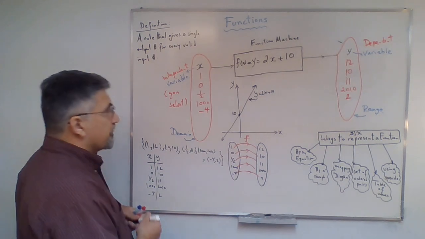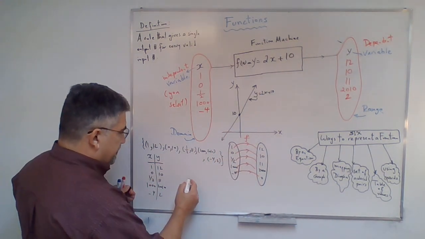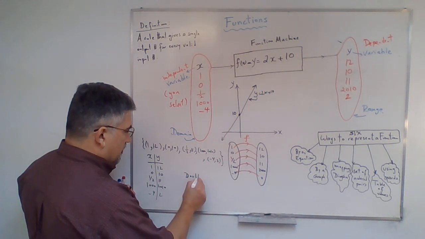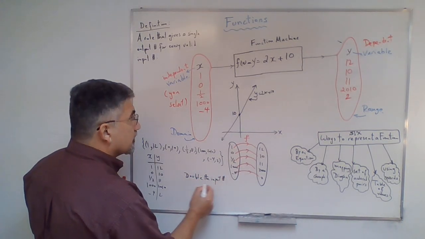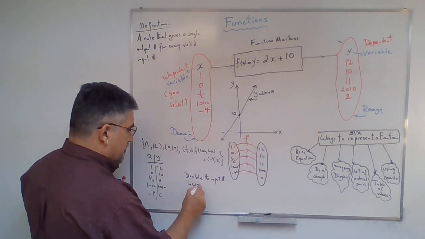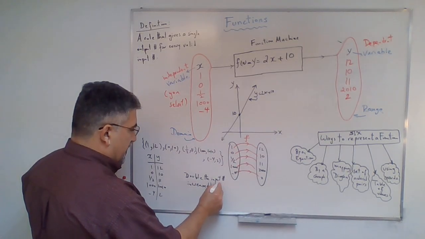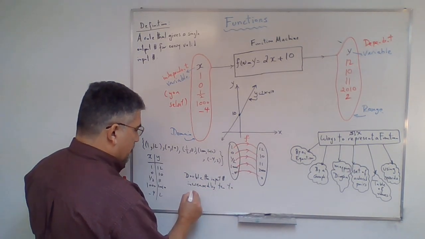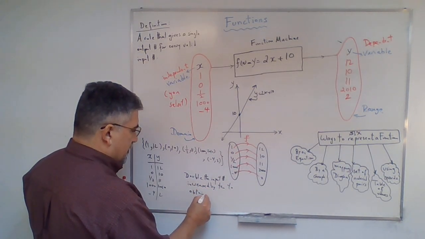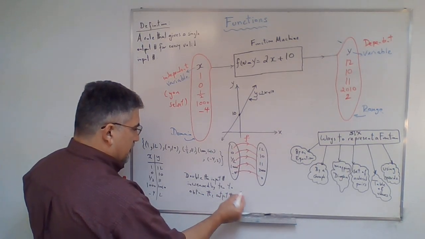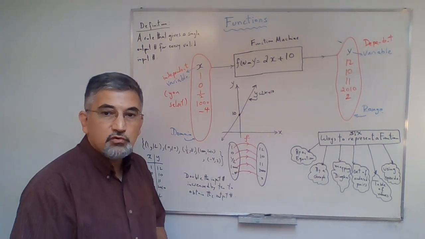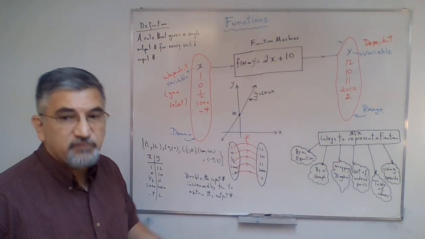For example, you can say: double the input number increased by 10 to obtain the output number. So what is this? This is an English statement. So I used only words to describe the function.